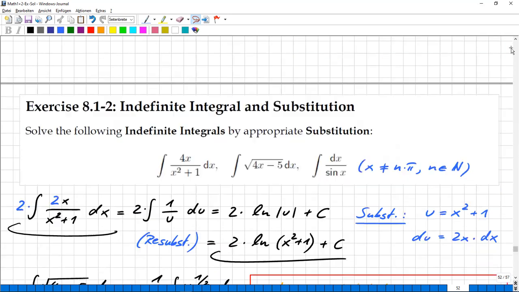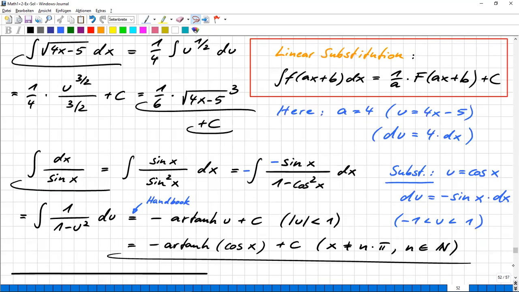Look back, because the restriction is that the zeros of the sine of x must be excluded, which are also, interestingly, the maxima and minima of the cosine of x function, right? So because the maxima and minima of cosine are excluded in this way, that's why I told you that u must actually be inside the open interval between -1 and 1.